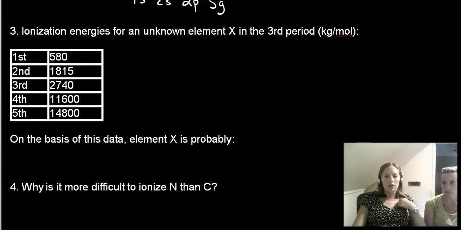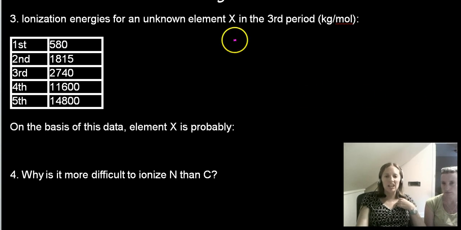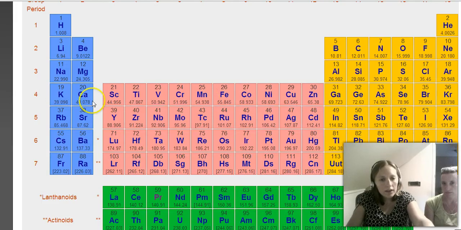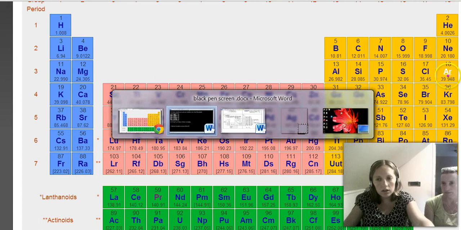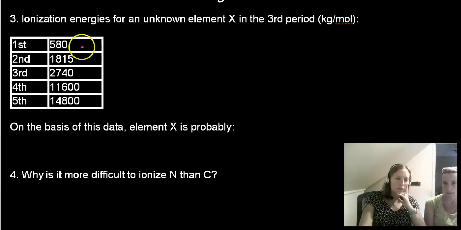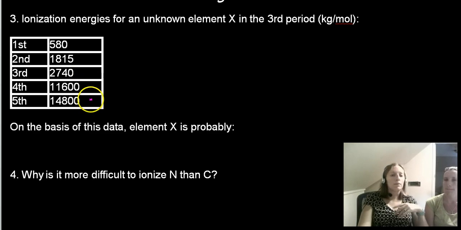Alright, ionization energies for an unknown element X in the third period. That's this one. Are 580, 1815, 2740, 11,600, and 14,800.